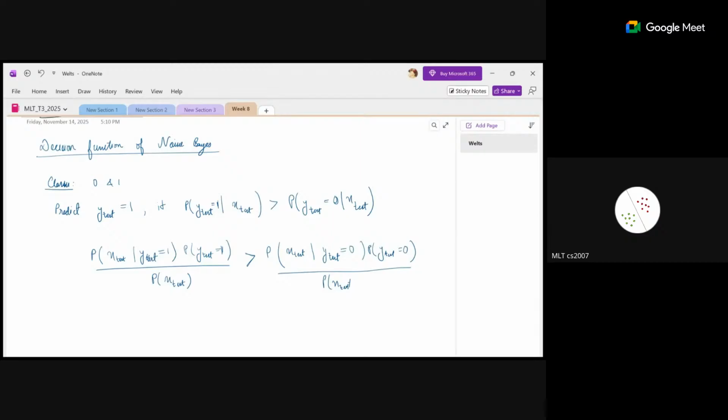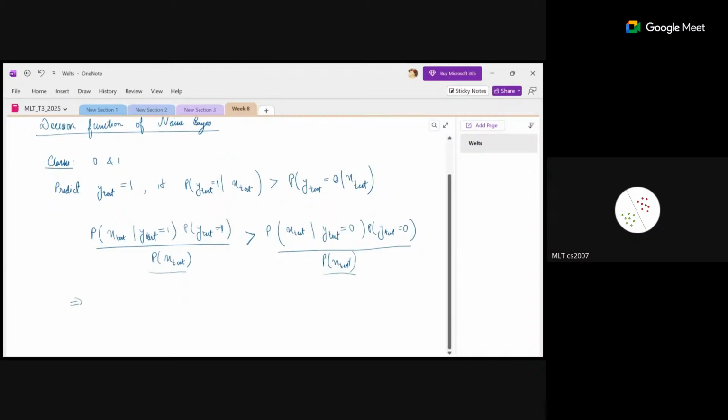Now we see that on both sides we have the same denominator, and these are probabilities, we'll just assume they are non-zero. So we can ignore the term in the denominator because it gets cancelled out. What we will have is that this numerator should be greater than the right hand side numerator, right?